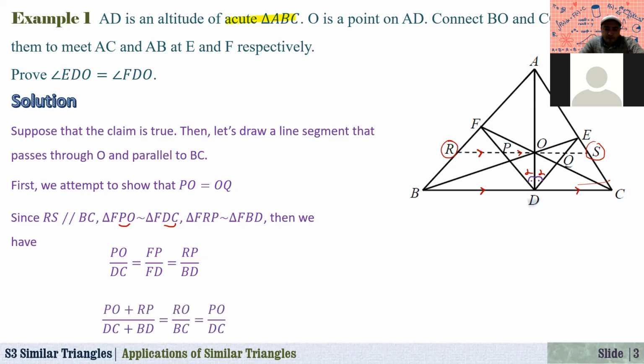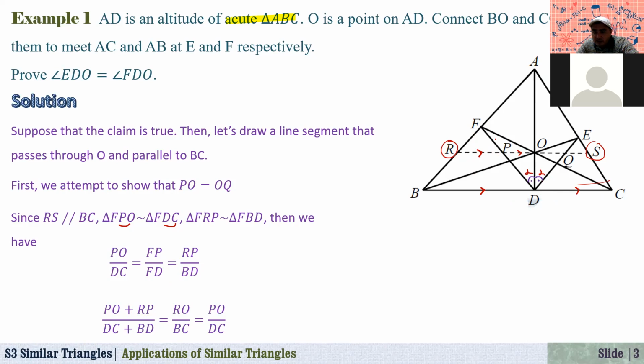Also now we can write the second one, because PO plus RP is just OR. This triangle FRO is similar to FBC. So instead of RO we write RP plus PO, or OP plus PR, over BC, and DC plus BD.